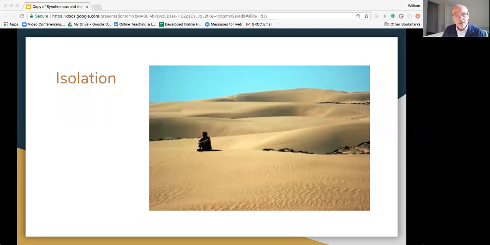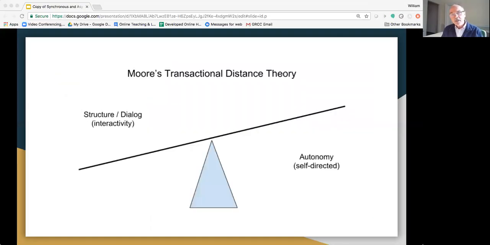And oftentimes students explain this, maybe using different terms, but they talk about this sense of isolation. And it is responsible for a higher attrition rate, I think, in the online course compared to on-campus instruction. So I'm going to talk a little bit about some theory behind that and how we might address that.